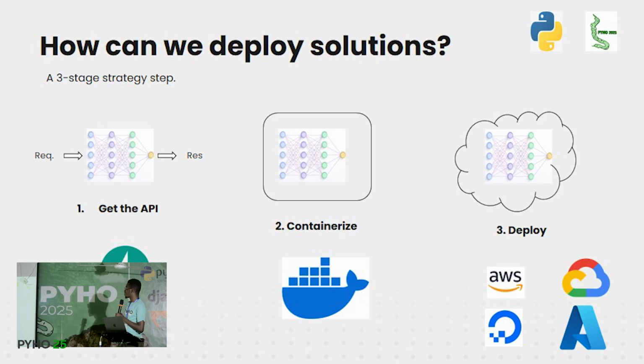So let's continue. Then when you are done writing the API, you want to make sure that if I send my application to Julius, when he runs it, every package that I use works on his machine. That's where containerization comes in, and we all know Docker.